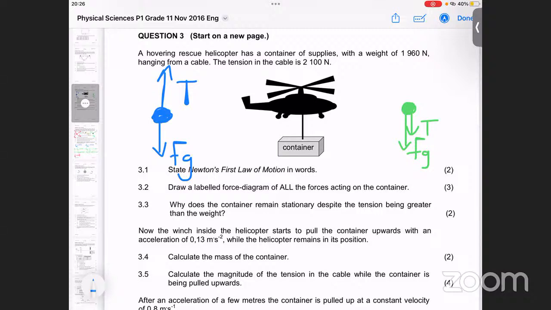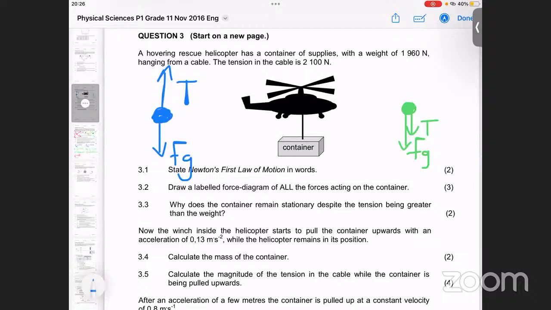Anyone else to say something there? So I'd say blue because the tension on the rope is connecting upwards towards the helicopter, but the gravitational force always acts downwards. Okay, a very good reason there.